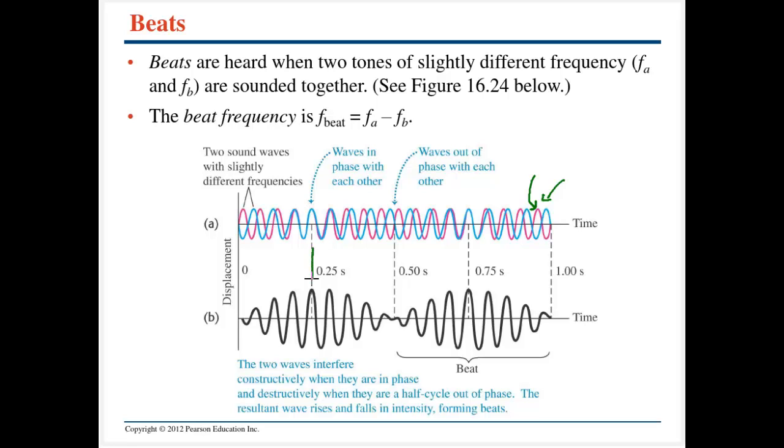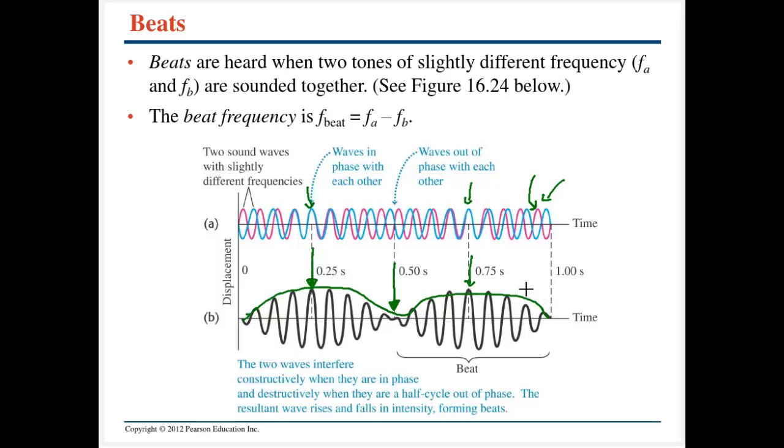When they're completely in phase with each other, there's going to be perfect constructive interference. So for example, here and here, you can see the waves are essentially adding up. There's going to be perfect destructive interference when the waves are completely out of phase with each other, right there. So we can essentially hear a beat. We're going to hear a wom, wom type of thing if we're listening to this.